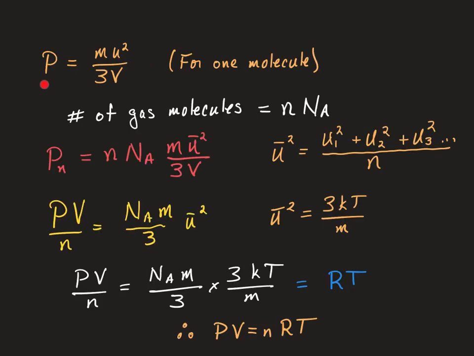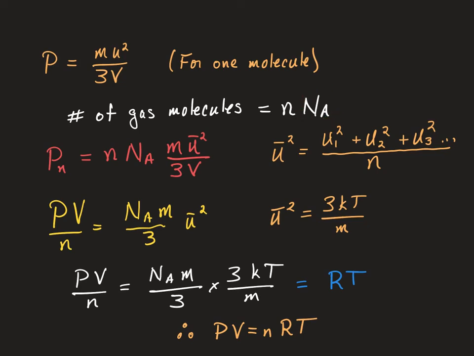Now remember, this pressure that we just defined is the pressure exerted by one gas molecule bouncing randomly, right, in all directions around our cubic container, right? One molecule. So now we need to figure out what the pressure is for a whole sample of molecules. So the number of gas molecules is going to be equal to the number of moles times Avogadro's number, right?